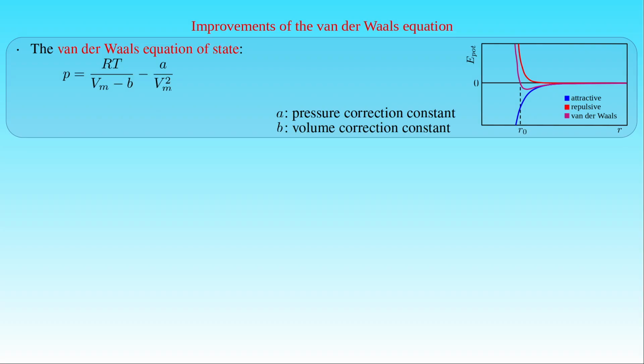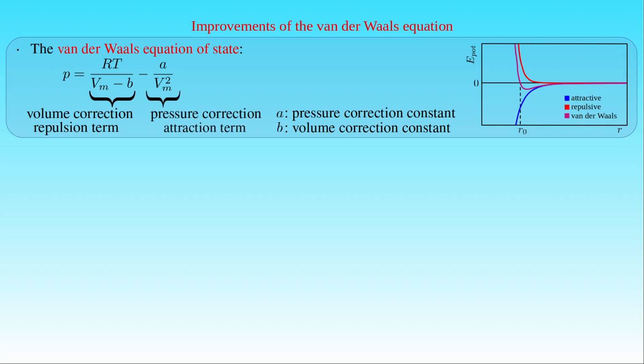The correction constants A and B are the parameters in the equation of state specific for any substance modeled as a van der Waals gas or fluid. The first term in the right-hand side of the equation of state is responsible for the volume correction for the volume excluded by the molecules due to the repulsive intermolecular forces, which is also called the repulsion term of the van der Waals equation. The role of the second term is the correction in pressure due to the attractive intermolecular forces, and it's also known as attraction term.